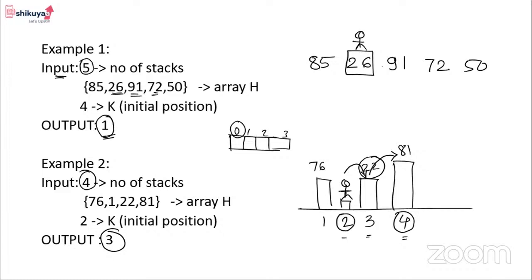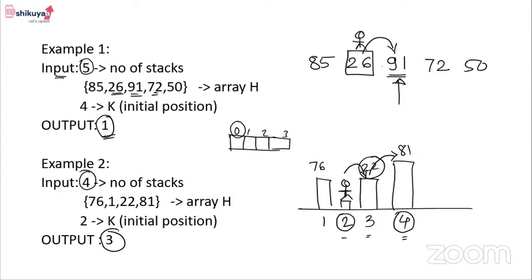Now we need to check whether the height of the third stack is greater than the current stack. If it is true, then only he can jump on the third stack, else he will not jump.